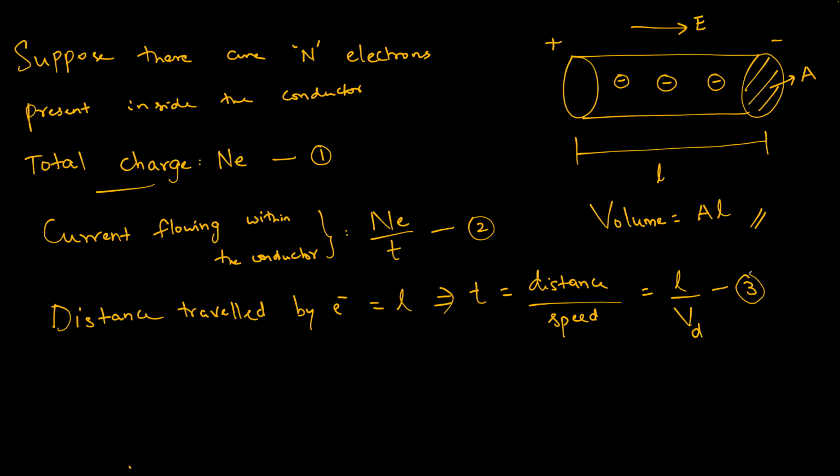If I do that, I'll be able to say that the current is equal to N into e, the whole divided by the time, L divided by Vd. So this is N into e into Vd, the whole divided by L. Makes sense? The Vd goes to the numerator.